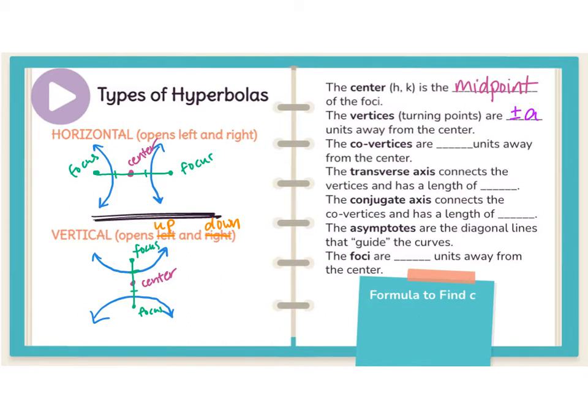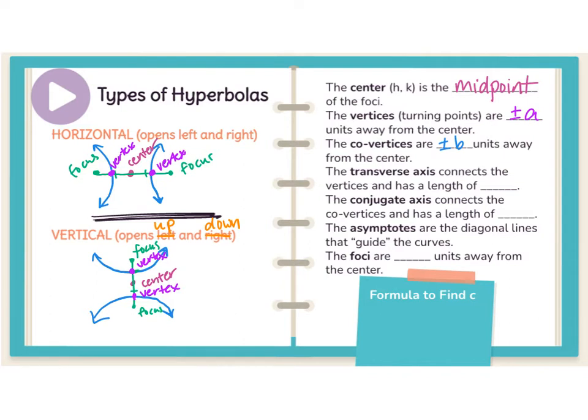So the vertices are going to be right on the hyperbola. Here's a vertex, and here's a vertex. Here's a vertex, and here's a vertex. Now the co-vertices are going to be plus minus b units away from the center.